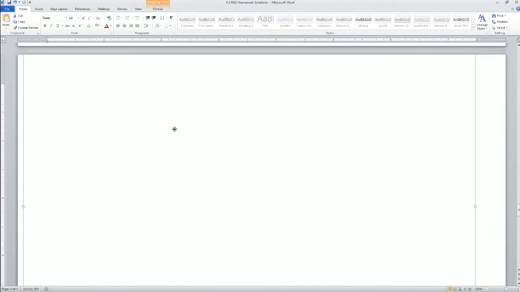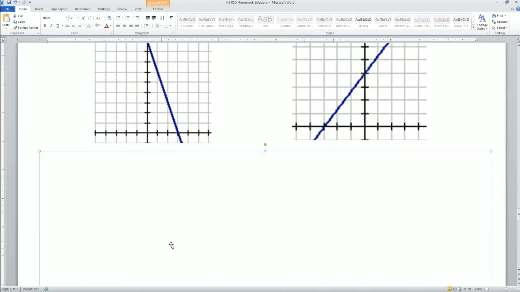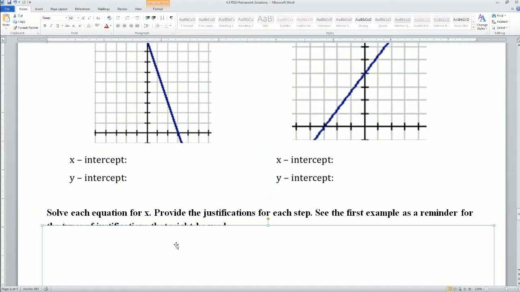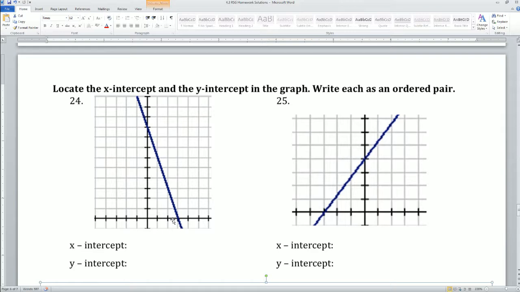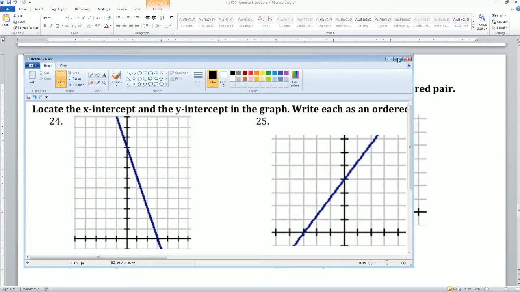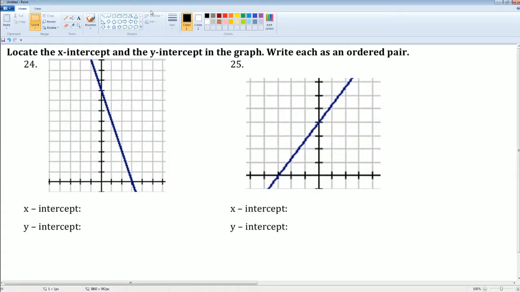Next one, I asked you to locate the x-intercept and the y-intercept. Write each as an ordered pair. I have this in Paint to help you out. Alright, let's do 27. I'm going to put the dot there. Let's see where the first dot is.